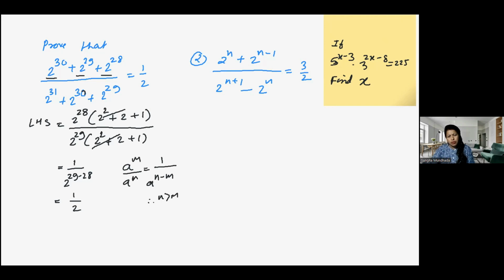In this question, base is same but multiplication is not there. So what we do, we try to write 2 raised to n. Always when the question is like that, split up the power: 2 raised to power n plus 2 raised to n minus 1, divided by 2 raised to n into 2 raised to power 1 minus 2 raised to n.